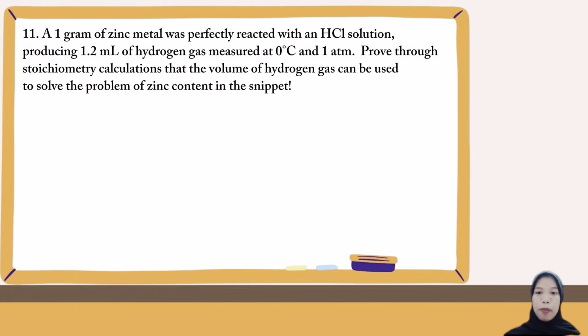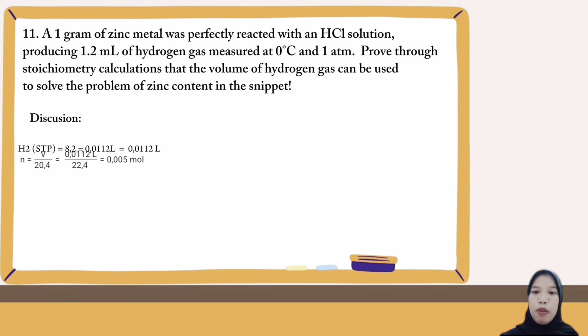In this question, we will prove that the volume of hydrogen gas can be used to determine the zinc level in a sample. Step 1. H2 at STP equals 11.2 ml equals 0.0112 liter. n equals V divided by 22.4 equals 0.0112 liter divided by 22.4 equals 0.0005 mole.